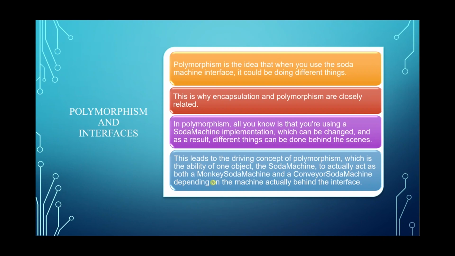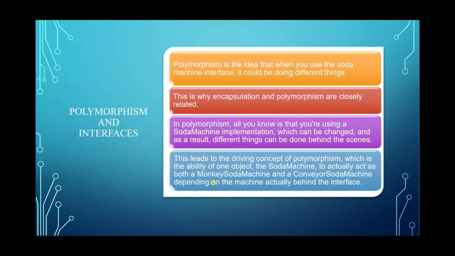So polymorphism is the idea that when you use the soda machine interface, it could be doing different things internally, but from the outside, you just use a standard interface. For example, I would have a class that I'm going to name Coca-Cola machine.